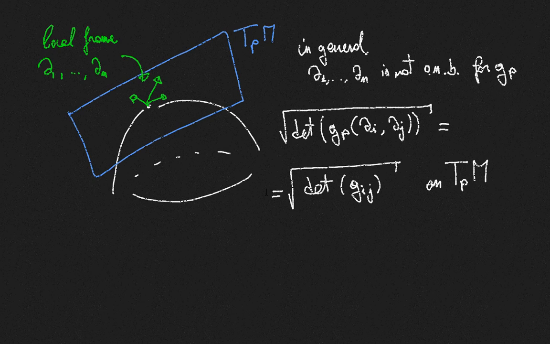this is just the version on T_pM. Now, if we want to compute on T_pM another volume of some other vectors, we get some new vectors v1, ..., vn, and we want to compute the volume of the parallelotope generated by them. We don't need to do again the whole matrix computation. We just need the following.